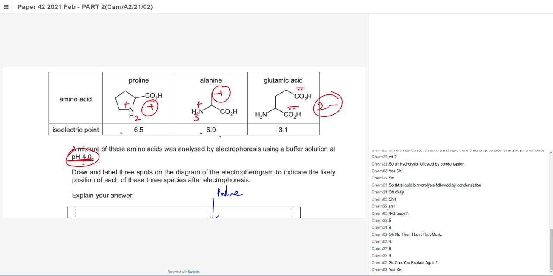Whereas glutamic acid will deprotonate to H+.